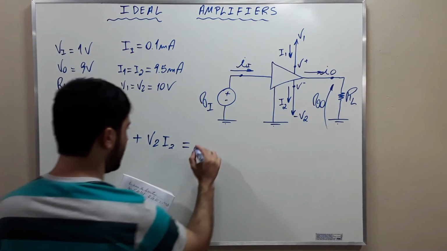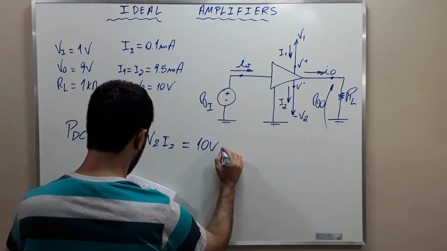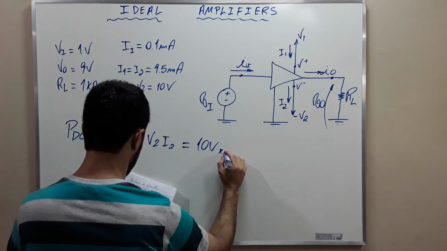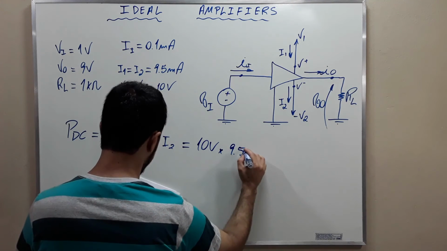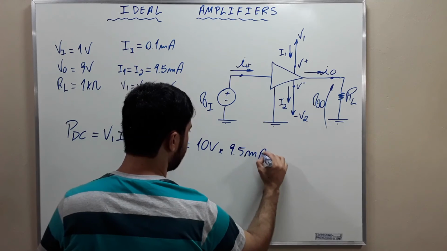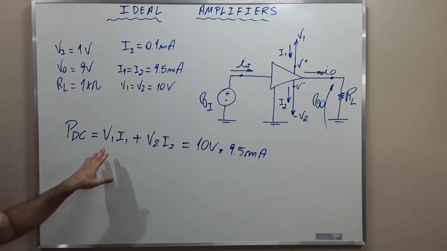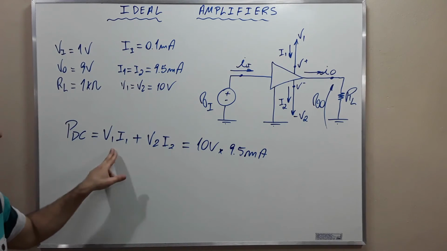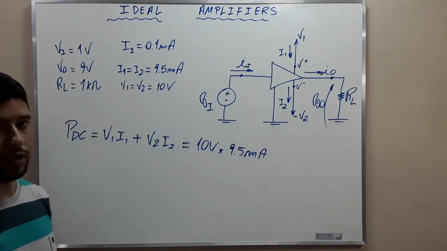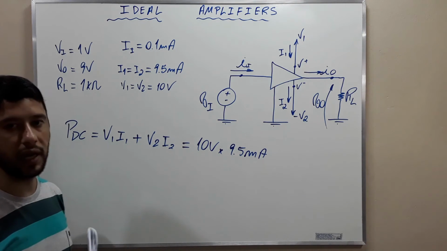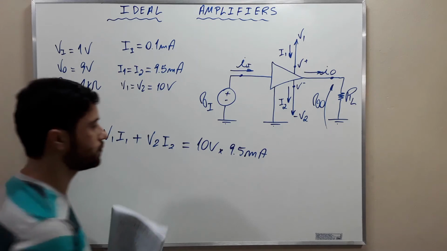Which is equal to 10 volts times 9.5 milliamperes. As they are equal, we must only multiply by 2.